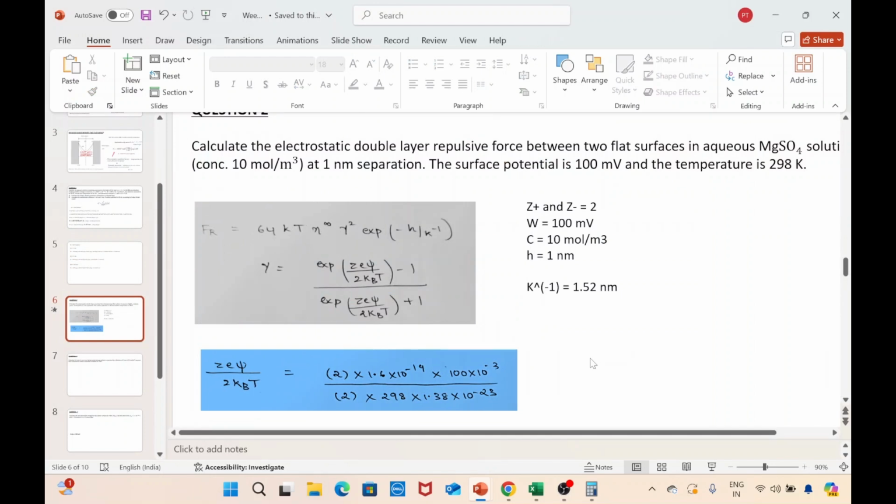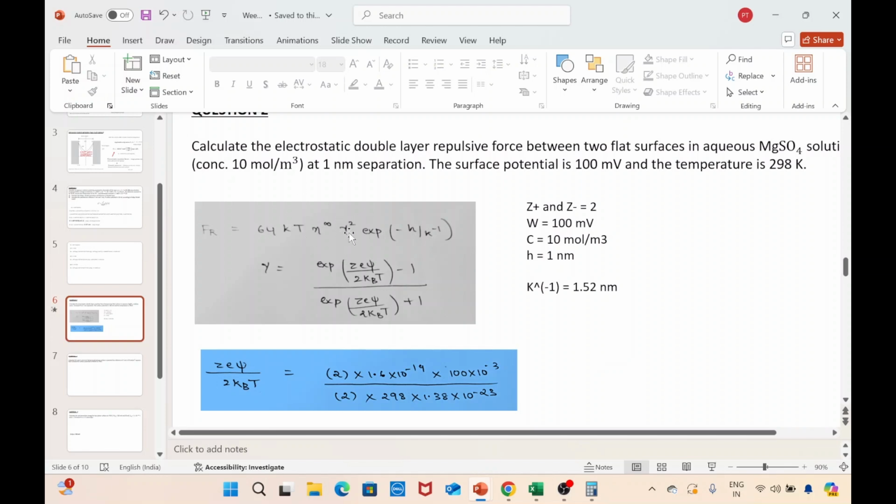So this will be your Ze psi by 2 kBT. Z value, as I said, is 2. e is the electron charge, 1.6 times 10 to the power minus 19 coulomb, times your surface potential, psi, that is 100 times 10 to the power minus 3.